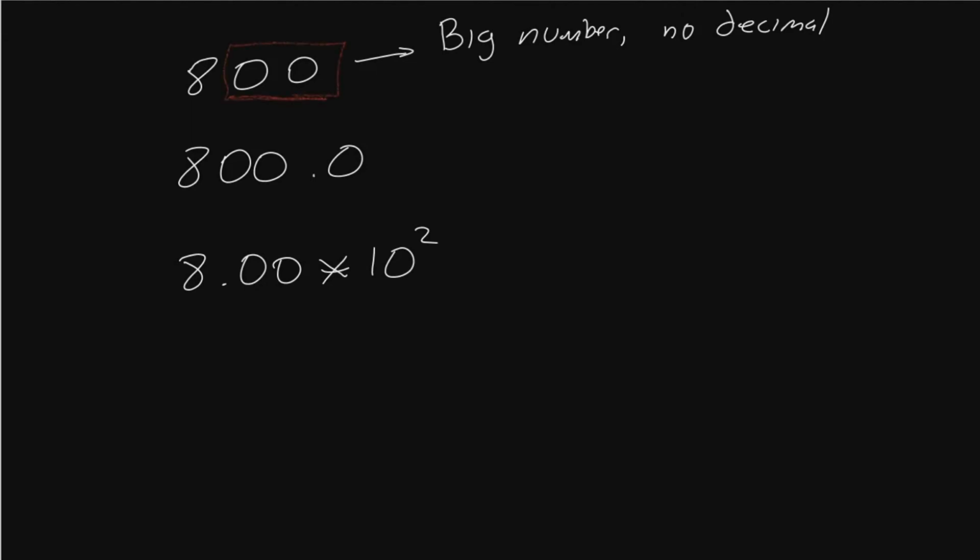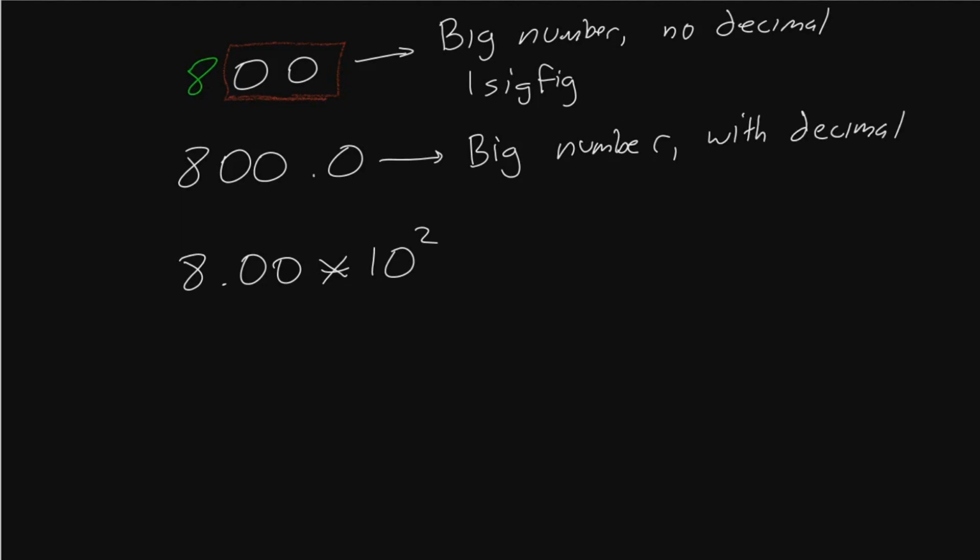These zeros are not significant, and only the 8 is significant. Therefore, we have 1 sig fig. Now, when we put the 0.0 in there, that changes everything. That's a big number with a decimal. So in that case, trailing zeros do count as significant.